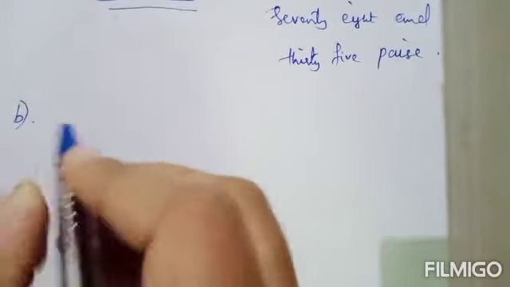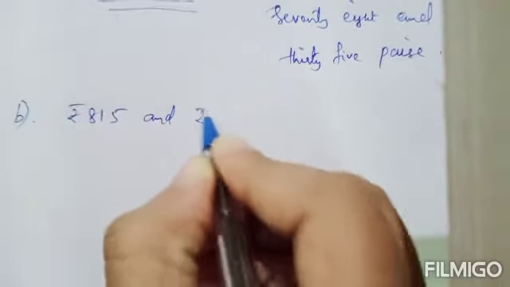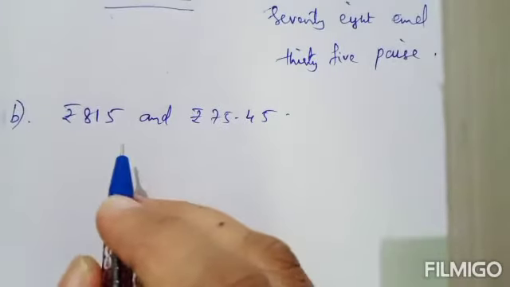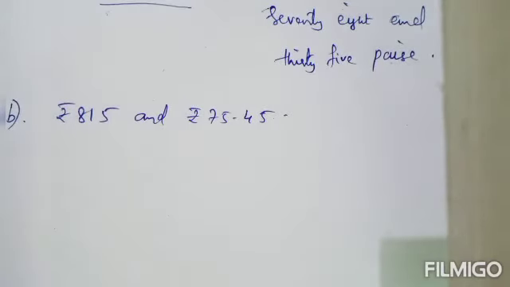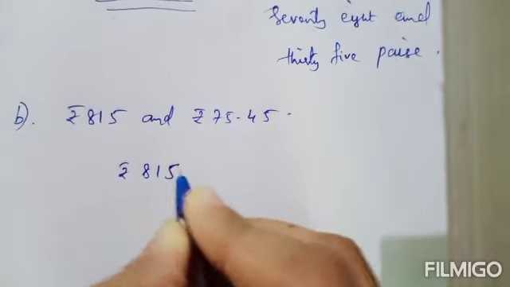Next, B, rupees 815 and rupees 75.45. So first you have to add these two amounts. So how will you add rupees? You have to first arrange these amounts in such a way that rupees should come under same column and paise should come under same column. Okay, so rupees 815.